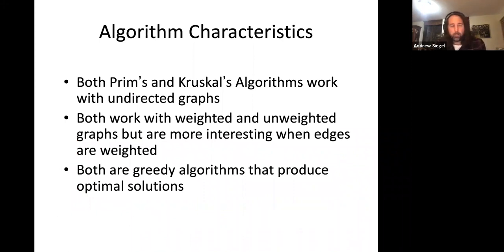Prim and Kruskal both work with undirected graphs. They can be either weighted or unweighted, but they're more interesting when the edges are weighted. And they're just like Dijkstra in that they're greedy algorithms. So you solve a local optimal problem, and you build up the global optimal solution out of the small optimal solutions of the many subproblems that comprise it.